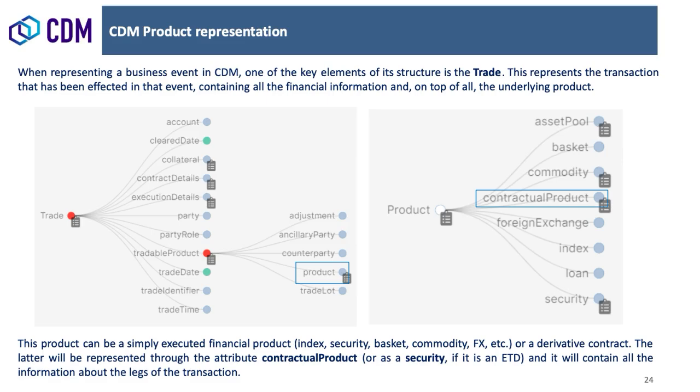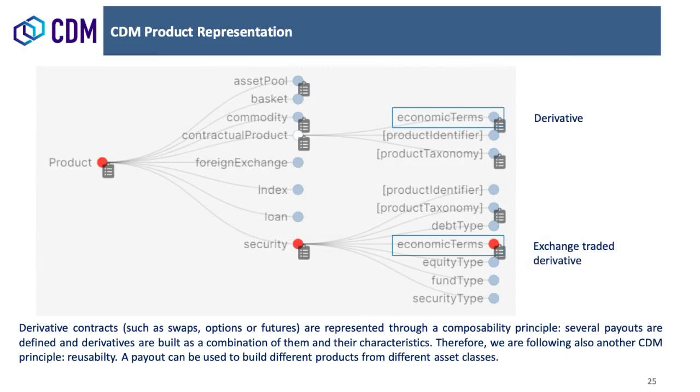Okay, moving on. Talking about the actual product representation, the securities, but also contractual product, use these economic terms. And economic terms have the full set of attributes that you need to represent a full OTC product.